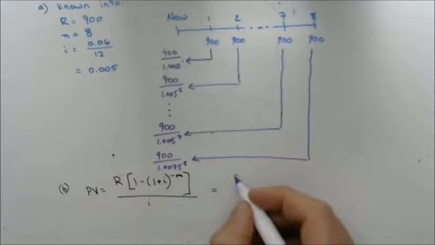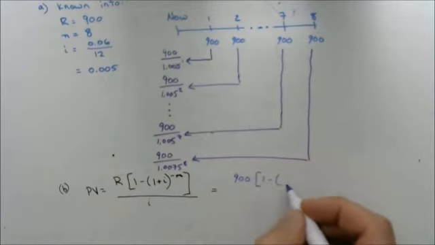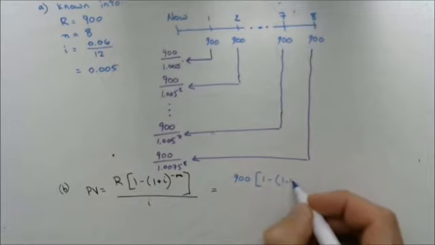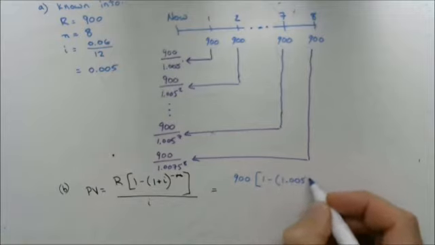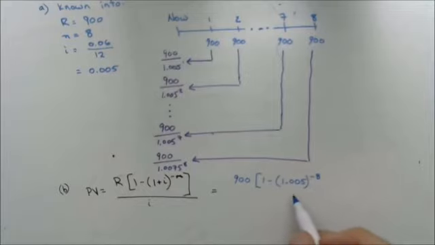We know R is 900. 1 minus 1 plus i is 1.005 to the power of negative n, which is negative 8. Close that off. Go up here, down here, 0.005. Carefully punch that into a calculator.